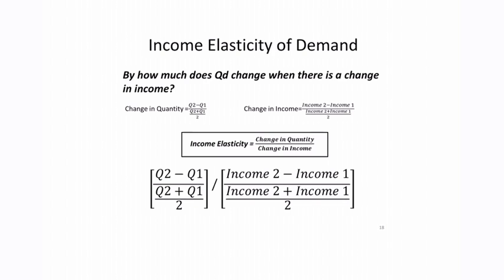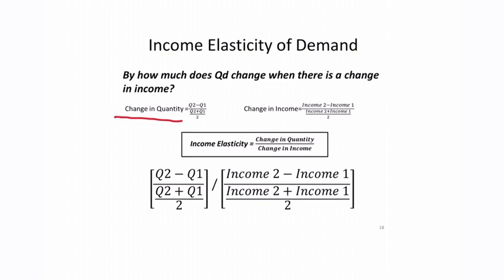Here, as you can see, we will use a formula similar to the price elasticity of demand formula that we had in the last video, where we are looking at the change in the quantity, but now compared to the change in income. So our income elasticity of demand will be the change in the quantity demanded divided by the change in income.